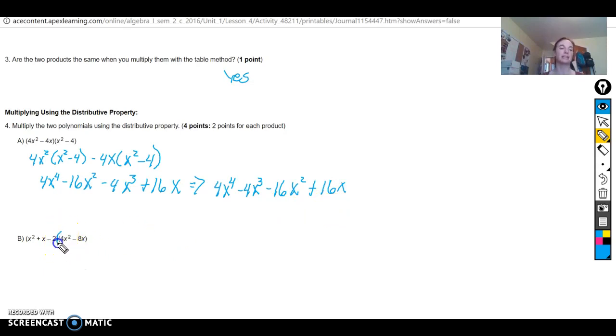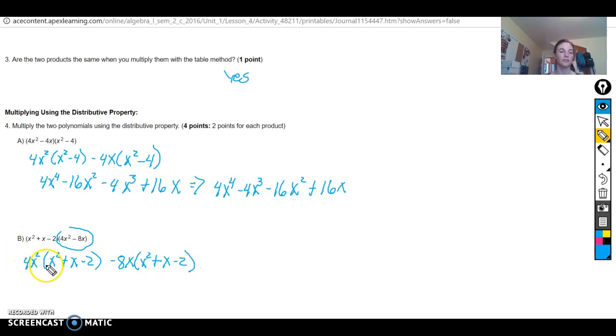This time I'm going to take these two terms and divide them apart and distribute into the trinomial. So I'm going to have 4x squared times the quantity x squared plus x minus 2, and then minus 8x times the quantity x squared plus x minus 2.